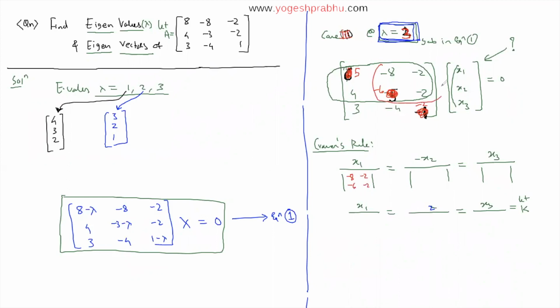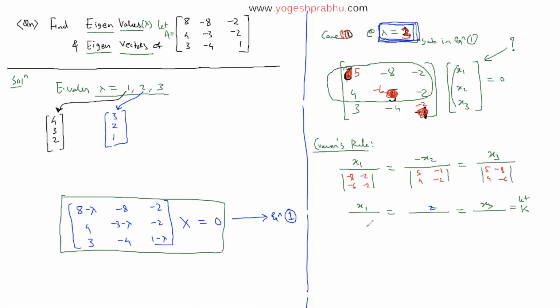For x2, it is 5, 4, minus 2, minus 2. And for x3, it is going to be 5, minus 8, 4, and minus 6. And you simplify this.